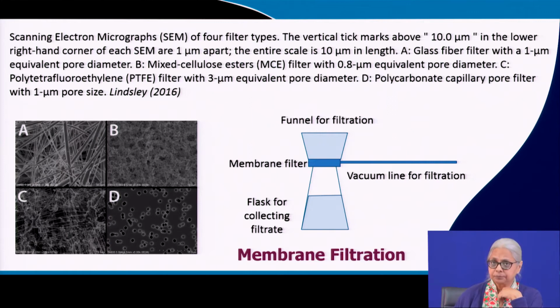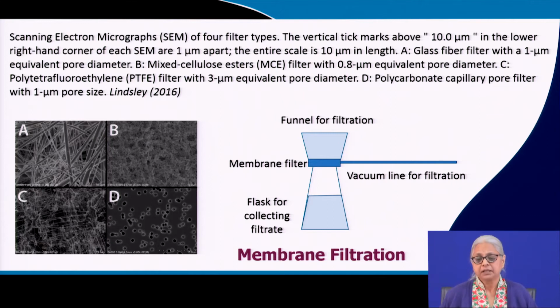So here is the water sample, let's say, that is being passed through the membrane filter. So this is how we use filter sterilization units, which may be pre-molded or they can be reused. These pre-molded units are actually disposable units, and you can also have reusable units made out of glass.